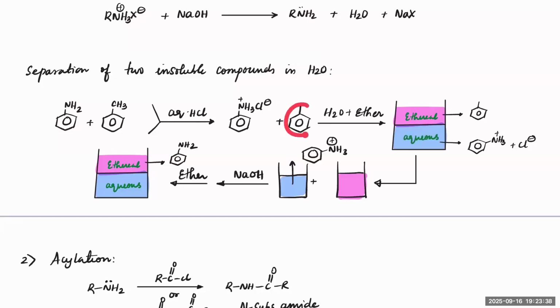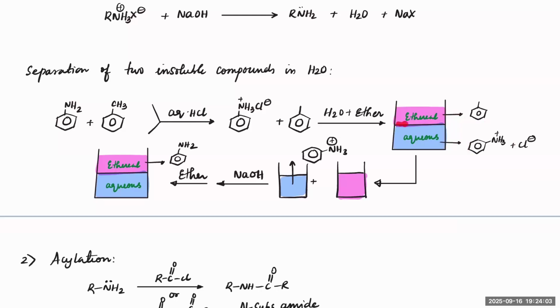Clear? Now add some ether on top of it. Ether is not dissolved in water. So the ether layer will form on the top, and the entire toluene will start mixing up in the ether layer. So you can see two distinct layers are observed here, in which this layer will have hold of toluene, and this layer will have hold of anilinium ion.